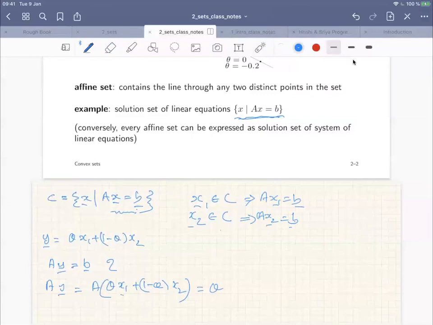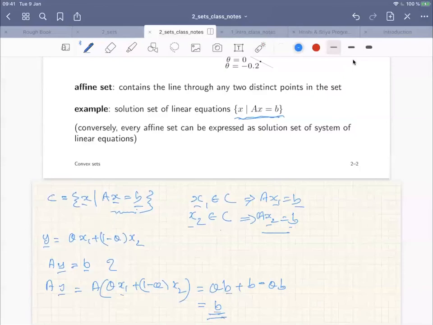So theta into A x1, which is equal to b, plus A x2, which is again b from here, minus theta into A x2, which is again b. So this is equal to b.